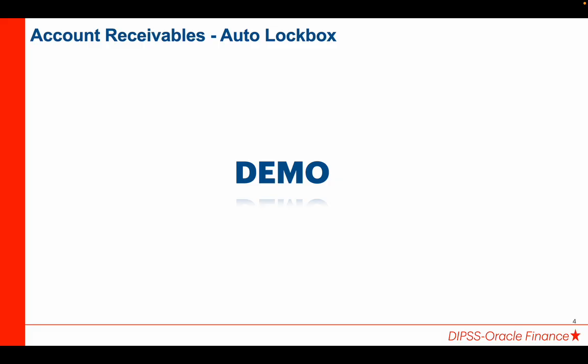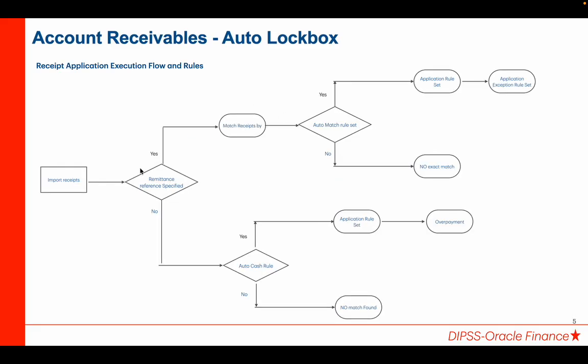Here what happens, this is the flowchart where you need to make sure to identify why it applied, why it is not applied. I mean, whether the system identified the required receipt and required transaction or not.